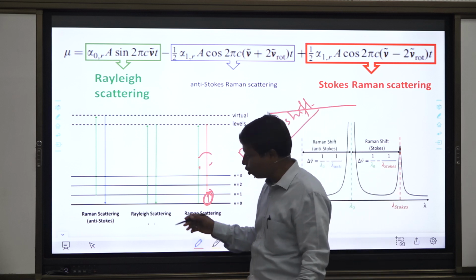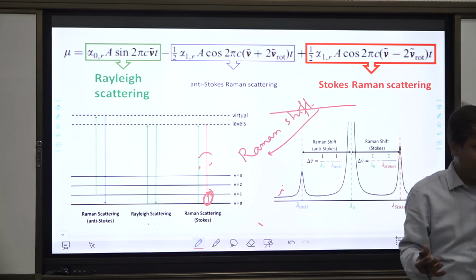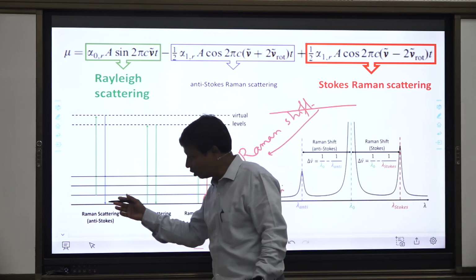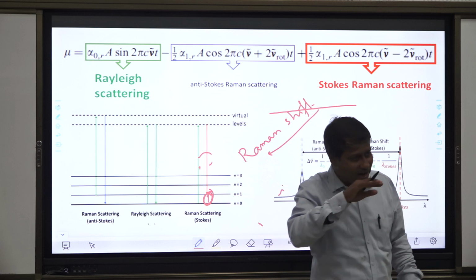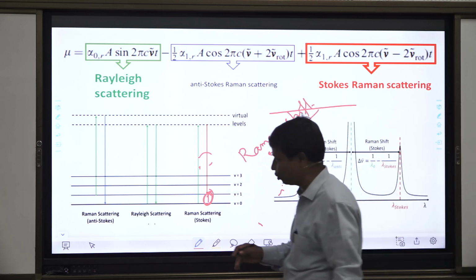Now anti-Stokes: students often ask how you get more energy when you are giving certain energy. You see, because of the thermal population, the higher energy levels will also be occupied according to the Boltzmann distribution.